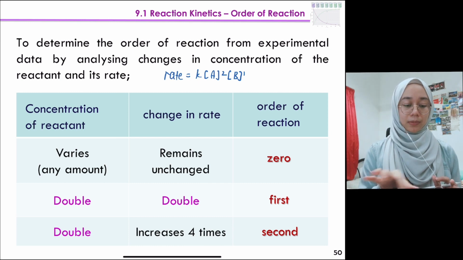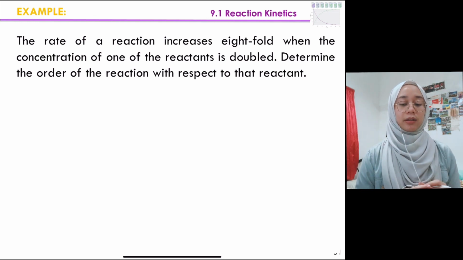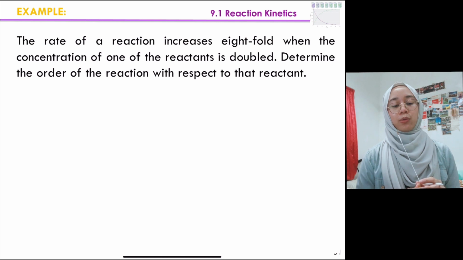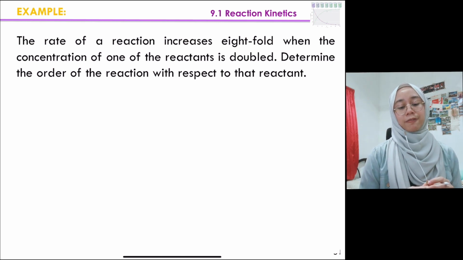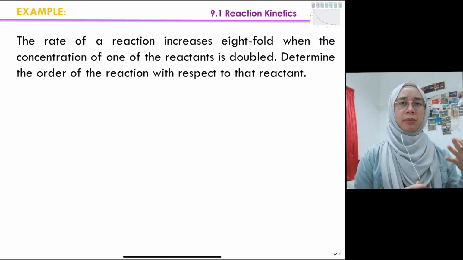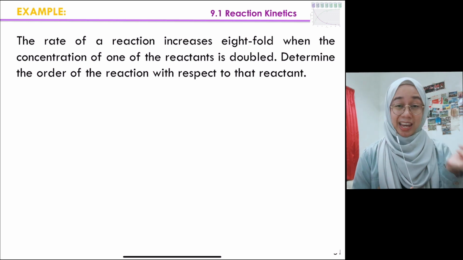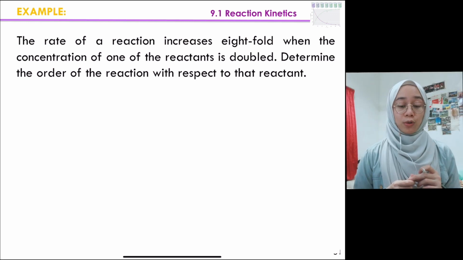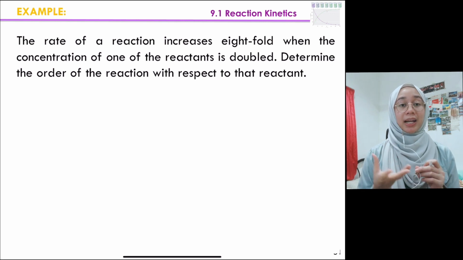Okay, so let's have a look at this example then. The rate of reaction increases 8-fold when the concentration of one of the reactants is doubled. Determine the order of reaction with respect to that reactant. Sebab dia tak bagi any specific reactant, so kita assume reactant kat sini adalah A. Dia bagi tahu rate of reaction akan meningkat jadi 8 kali ganda bila double.